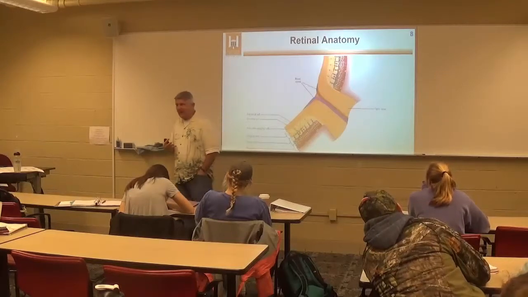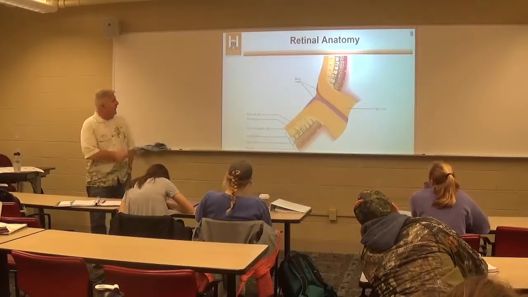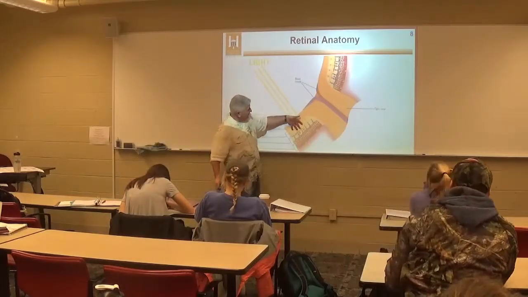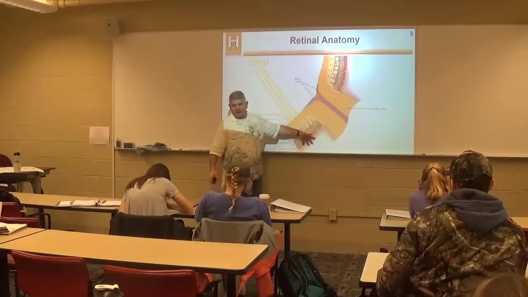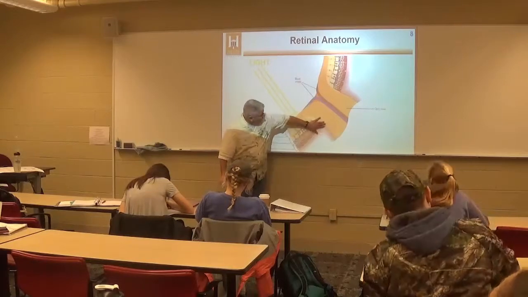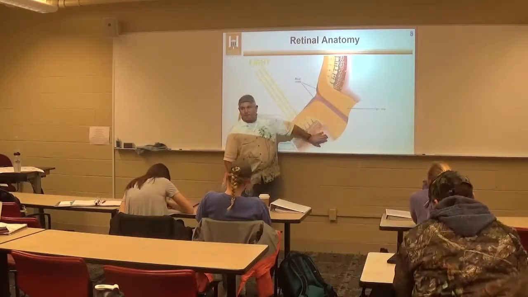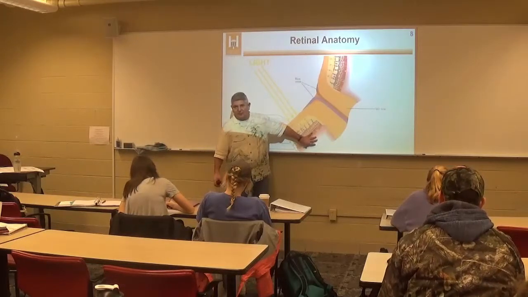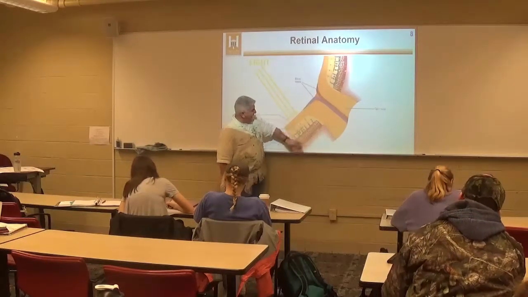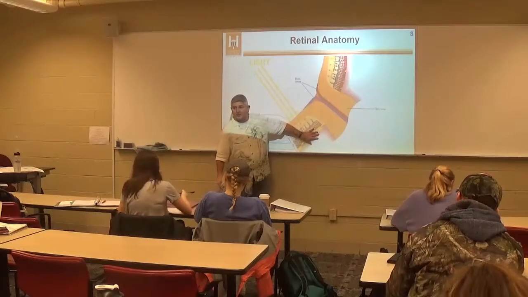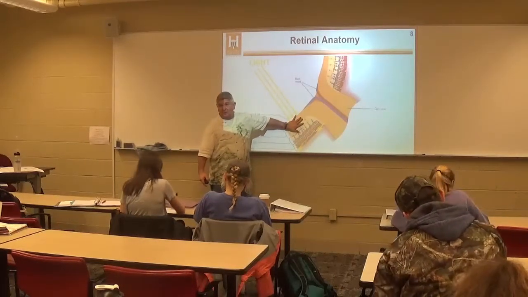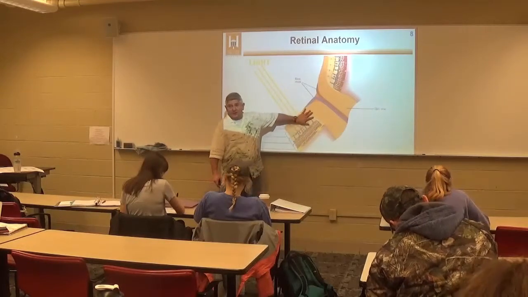The anatomy of the eye is kind of funny because we have light coming in, and the light actually shines through these layers of cells back here, and the rods and cones are positioned at the back of the retina, right against this stuff called the pigment epithelium. And then they activate the rods and cones. The rods and cones then activate a group of what we're going to call processing neurons.